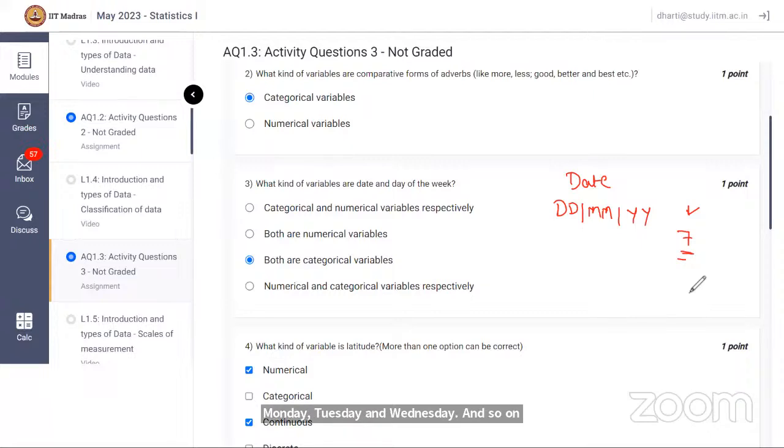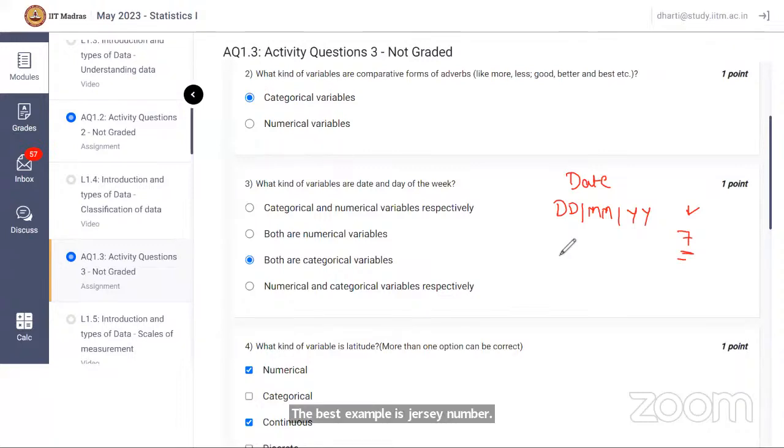Now you speak. Unmute and speak. Date, I think DDMMYY should be numerical, right, ma'am? Because it's in numerical form. Whenever it's taking numerical values, it doesn't mean your data is numerical. The best example is jersey number.